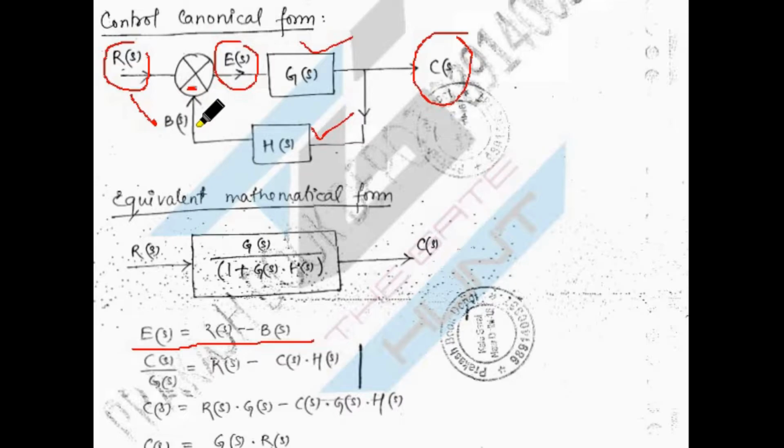Okay, so for example, we are considering a negative feedback system. So this C(s) is nothing but your output. As you know, a transfer function is the numerator divided by the denominator. The numerator is your output signal in the s plane, and the denominator is your input signal in the s plane.